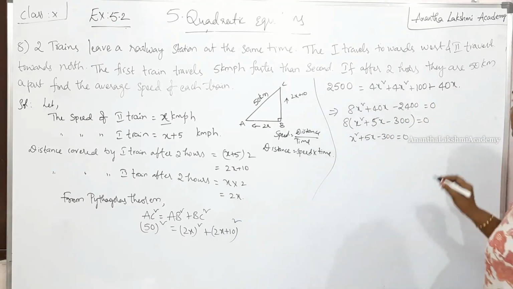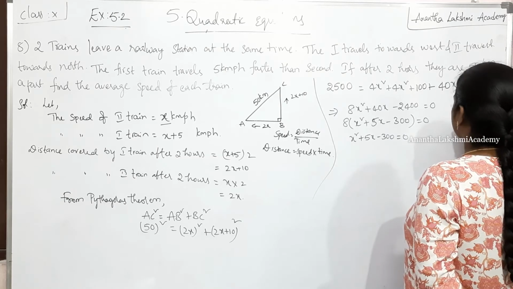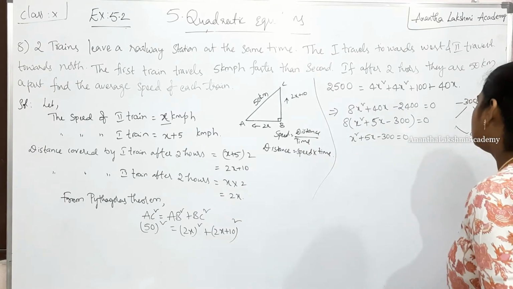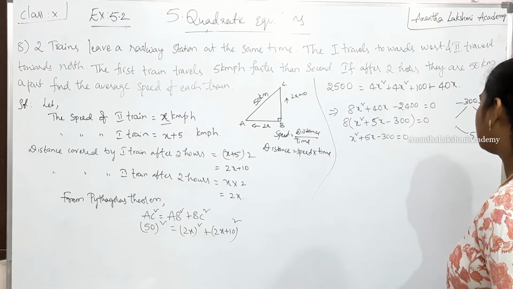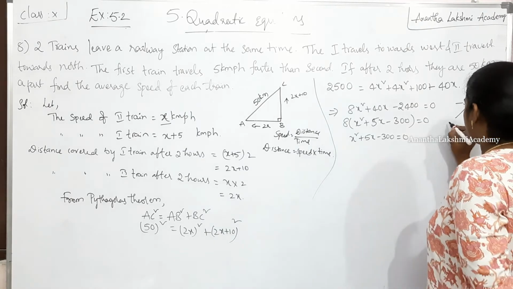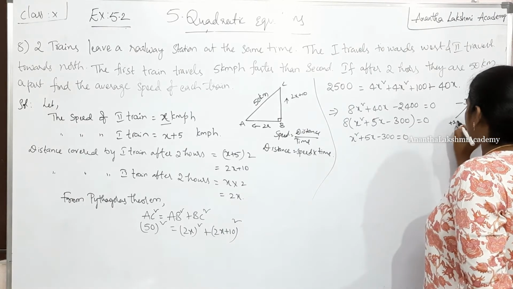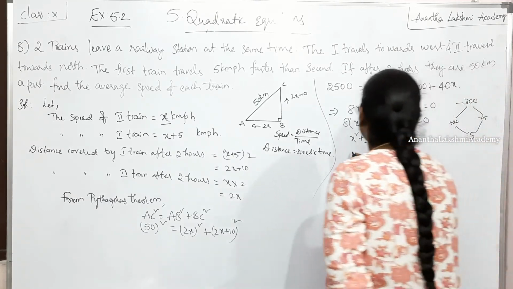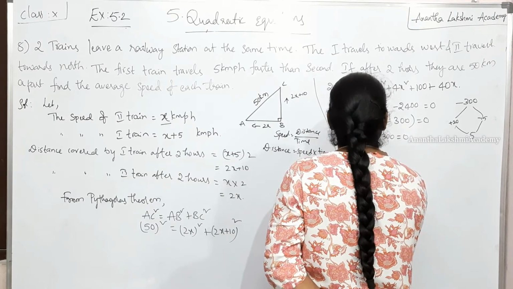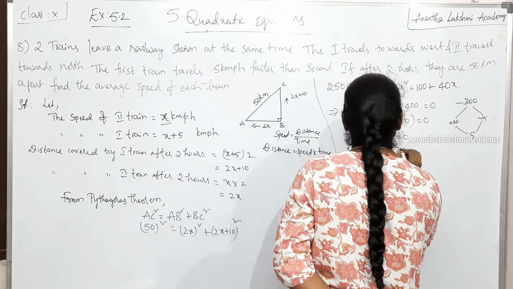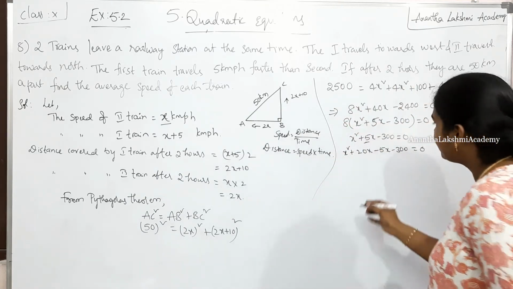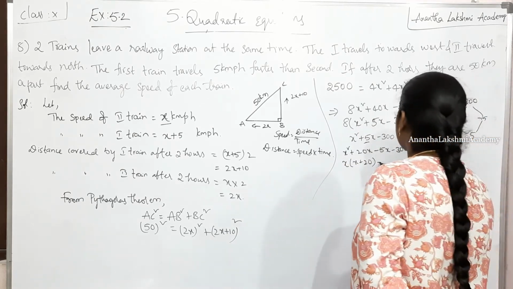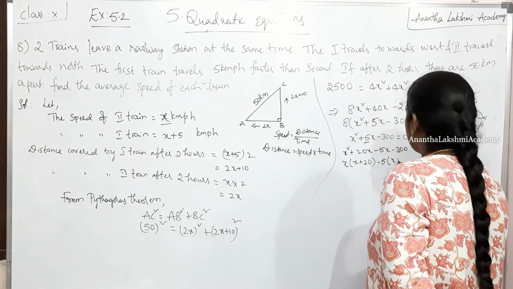So using the factorization method, the product needs to be minus 300 and the sum needs to be plus 5. So this can be 20 and 15. You can try plus 20 and minus 15 since the summation has a positive sign here. Okay, let us write x square plus 20x minus 15x minus 300 is equal to 0.